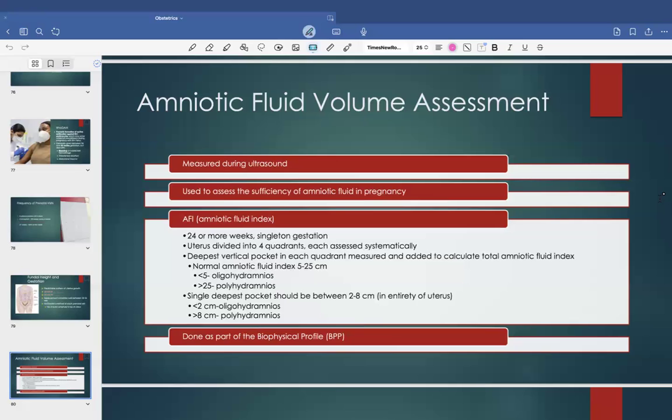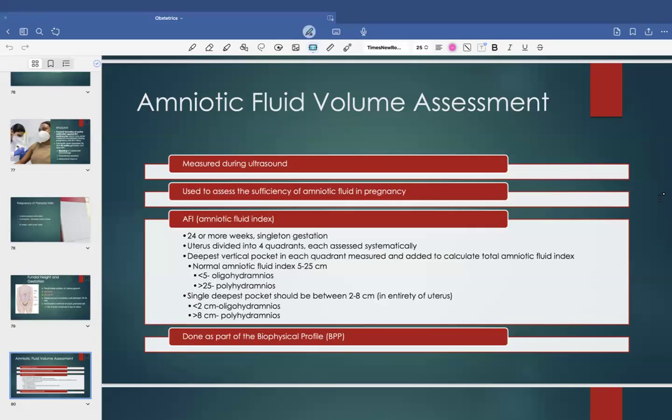So 5 to 25 is the normal fluid index, less than 5, oligohydramnios, and over 25, polyhydramnios. The deepest single pocket should be between 2 to 8 centimeters in the entirety of the uterus. So some people use the normal amniotic fluid index of 5 to 25, and then you could possibly use the deepest pocket as well to help.